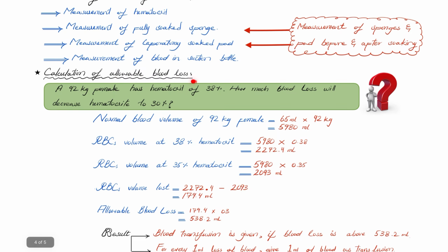Calculation of allowable blood loss means the amount of blood that I can allow the patient to lose without bringing any hemodynamic instability. For example, a 92 kg female has hematocrit of 38%. How much blood loss will decrease hematocrit to 30%?